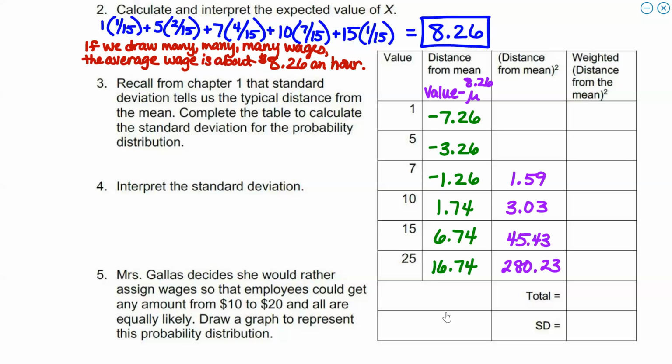Remember, when you square those numbers that are negative in your calculator, either pop parentheses around them or just remember that when you square a negative value, you should be getting a positive number. You're not going to have any negative numbers down this squared column. Double check yours against mine to see if you got the same values that I did.